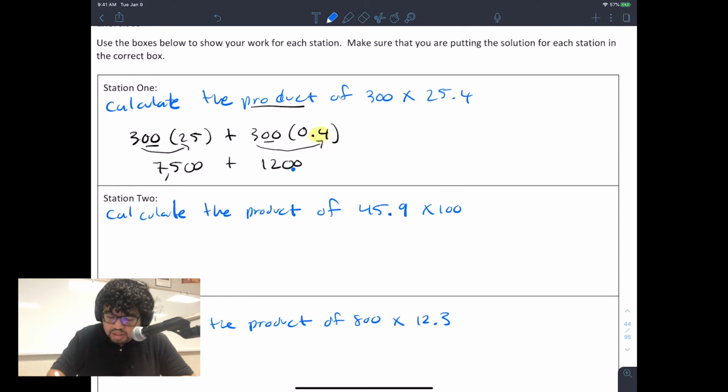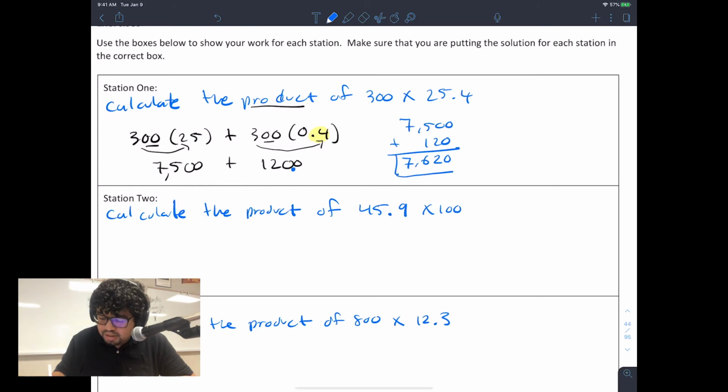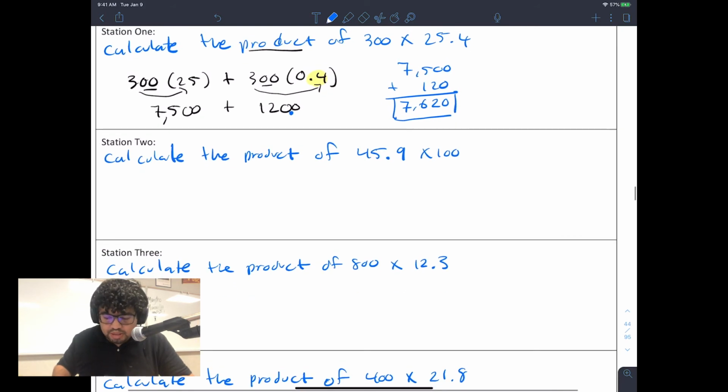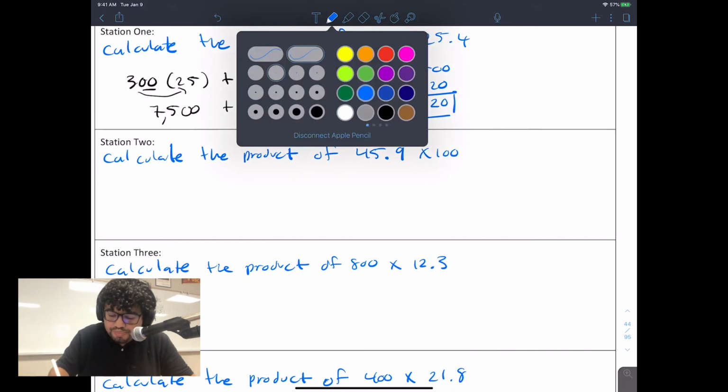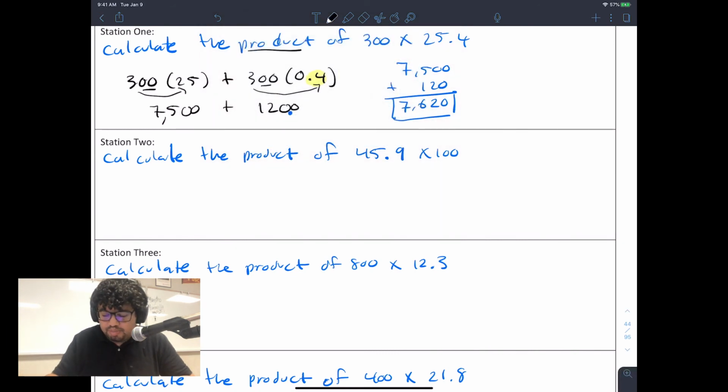Okay, so then I'll just do my addition. 7,500 plus 120. Make sure you line up the numbers correctly. My answer is 7,620. Okay, so let's do station 2, sample 2 here. Calculate the product of 45.9 times 100.